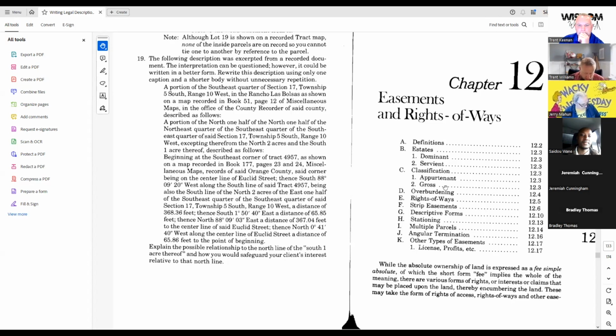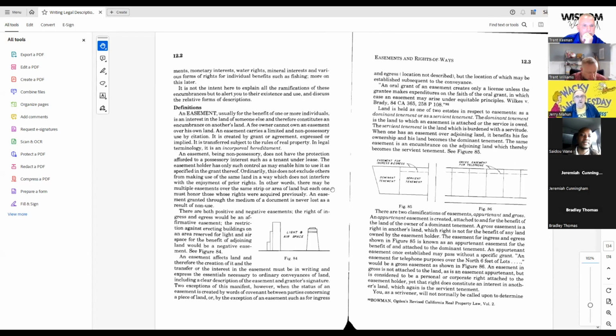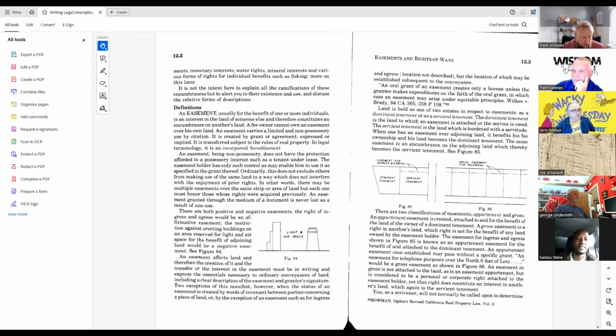These may take the form of rights of access, rights of ways, and other easements, monetary interest, water rights, mineral interest, and various forms of rights for individual benefits, such as fishing. More on this later. It is not the intent here to explain all the ramifications of these encumbrances, but to alert you to their existence and use and discuss the relative form of descriptions.